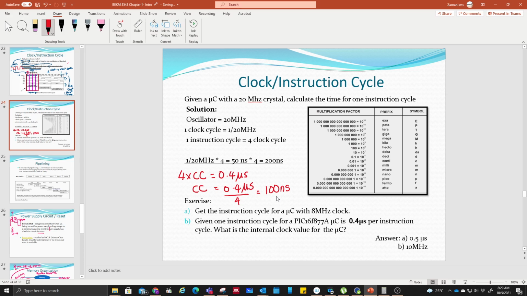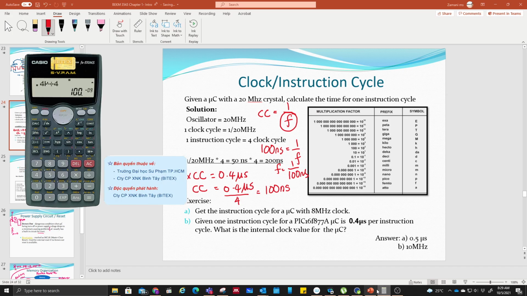So remember that the clock cycle is equivalent to 1 over f. This is the one that you need to find, because you need to find the frequency of the crystal clock. So 100 nanoseconds is equivalent to 1 over f. So f is equivalent to 1 divided by 100 nanoseconds.